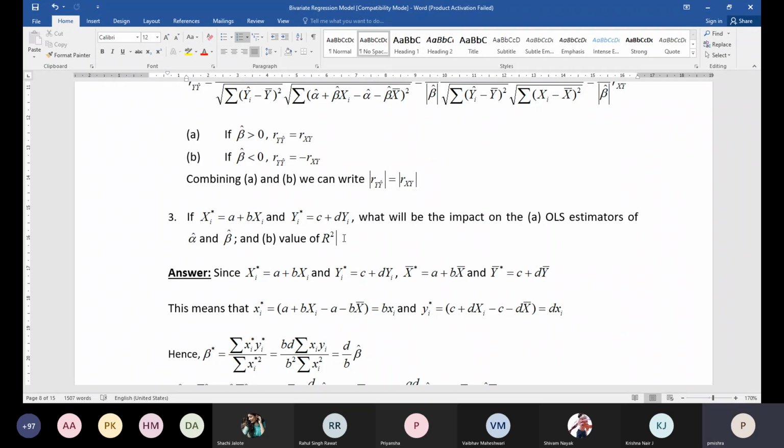So two derivations. One is the impact of change in origin and scale on the OLS estimators' variances. And second one, prove that alpha hat is an unbiased, efficient and consistent estimator of alpha.